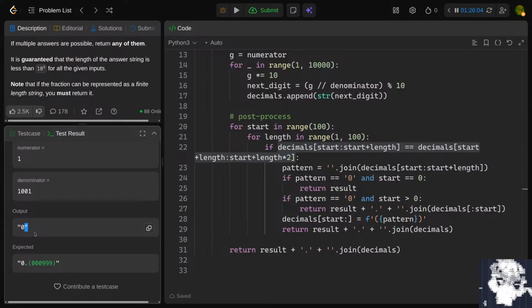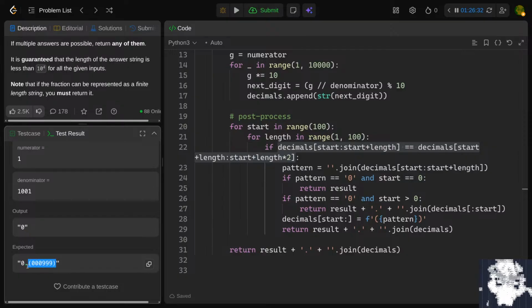So one way out of that would be to start with a bigger repeating pattern. But then I would say, like, okay, the pattern is 0, 0, 0, 9, 9, 9, 0, 0, 0, 9, 9, 9.